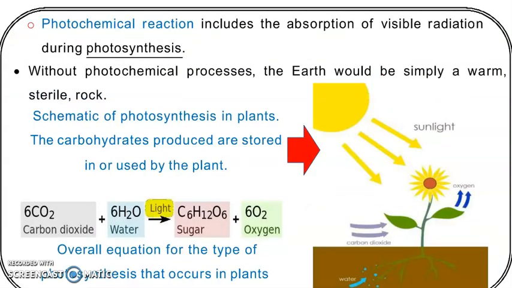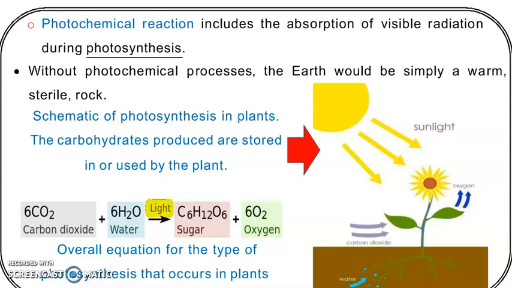Photochemical reactions also include the absorption of visible radiations during photosynthesis. Without photochemical processes, the earth would be simply a warm, sterile rock. You can see in this picture sunlight and plants.